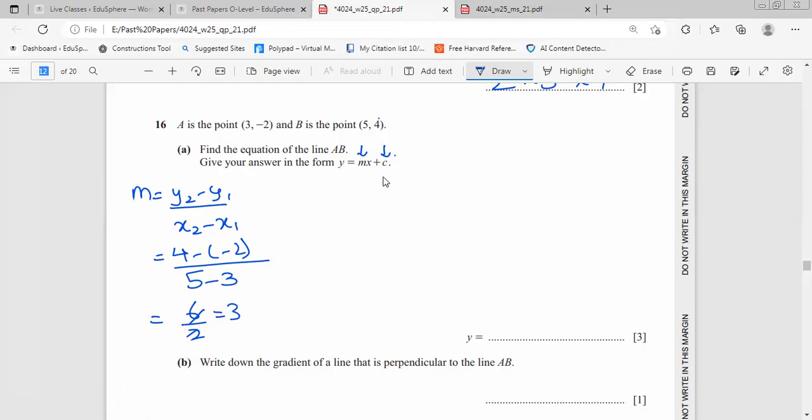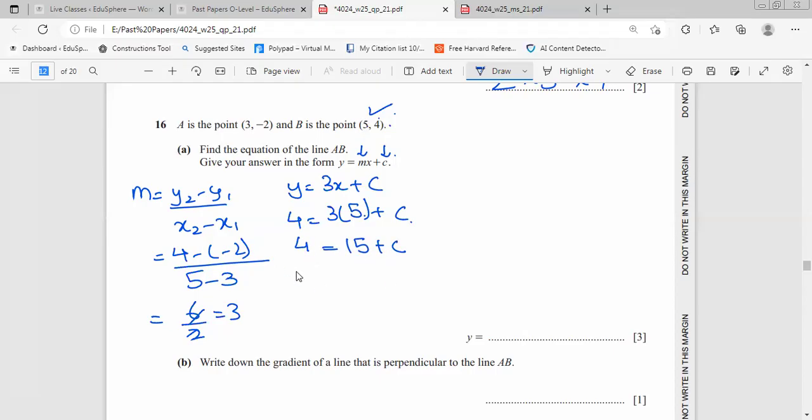Now, when I put it, it will be y equals 3x plus c. Any one of the coordinates I have to put in and find the value of c. So I'm using this coordinate, x is 5 and y is 4. So 4 equals 3 times 5 plus c. Now 3 fives are 15 plus c equals 4.